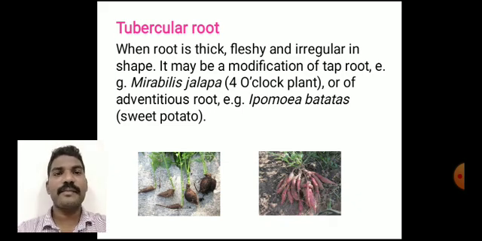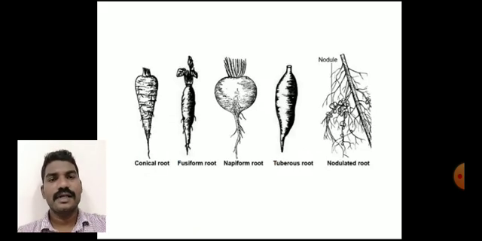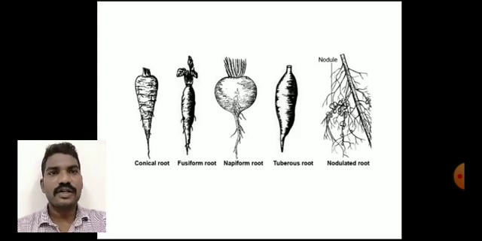You can see the first image, many irregular shapes are present in the same plant. And the second image is Ipomoea batatas, that is sweet potato. You can see the many irregular tuberous shapes. These are the modifications of taproot system: conical root, fusiform root, napiform, and tuberous.